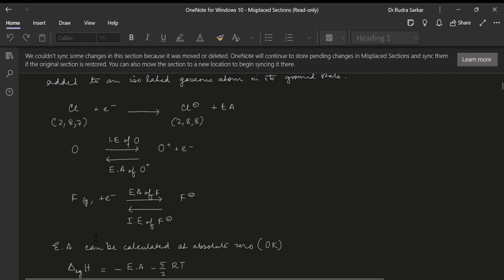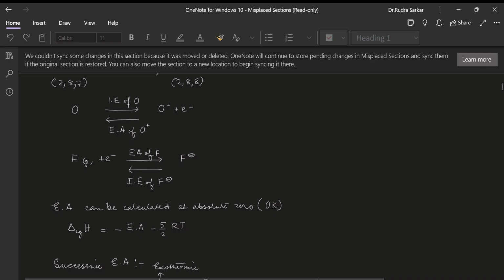Now, mostly we are never talking about the temperature at which this is happening. So what we are saying in advanced books is that this is happening at absolute zero. So the electron gain enthalpy will be written using brackets, and this is the equation that we use. Is it clear?